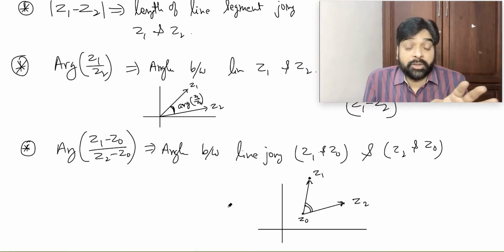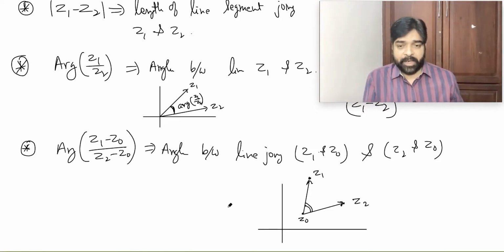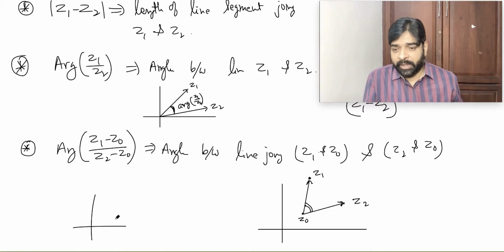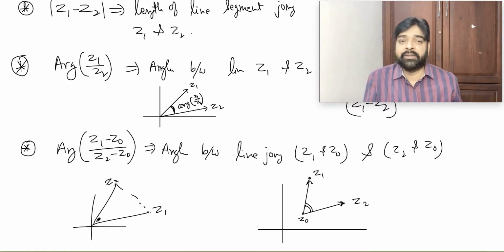See, I am not teaching about those points. If there are two complex numbers Z1, Z2, what is the midpoint? Z1 plus Z2 by 2. All those things you discussed in coordinate geometry. If this is Z1, this is Z2, what is the midpoint of this?